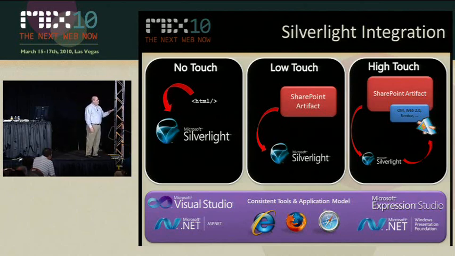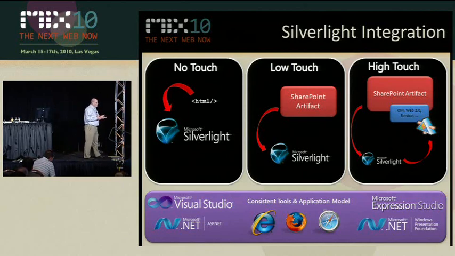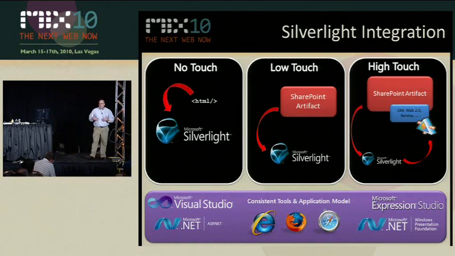I do want to mention, though, that there are a number of ways that you can integrate Silverlight into your SharePoint. One is really this no-touch model where your Silverlight application doesn't live in SharePoint in any way. You're just basically using either an iframe or some mechanism like that to pull in your Silverlight application inside of SharePoint. That works really well. The second level of effort is low touch, where your Silverlight application is in SharePoint.